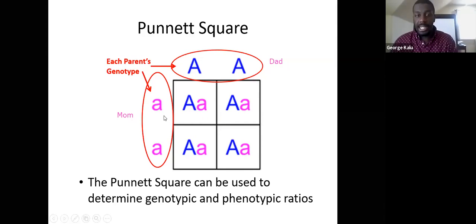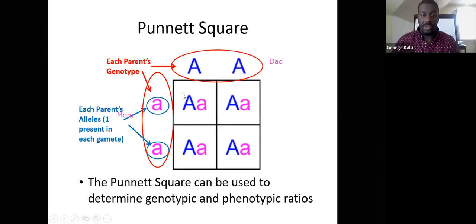In each of the genotypes, you're going to have the alleles. Each of these would be an allele that would be found in one of the gametes. For example, dad's sperm cells. Let me put this in blue. This sperm cell that dad is going to be producing would have an A allele in there.